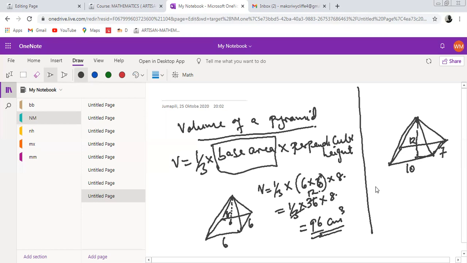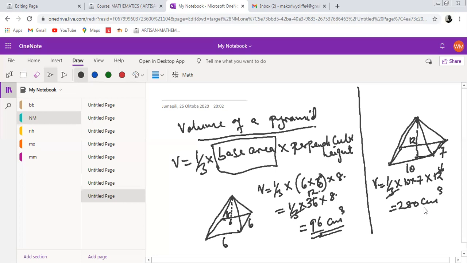So the volume is going to be a third times the area of the base, which is a rectangle, 10 times 7, times the height, which is 12. So this is 10 times 7 times 4. That is 70 times 4, which gives us 280 centimeters cubed. And that is how we get the volume of a pyramid.